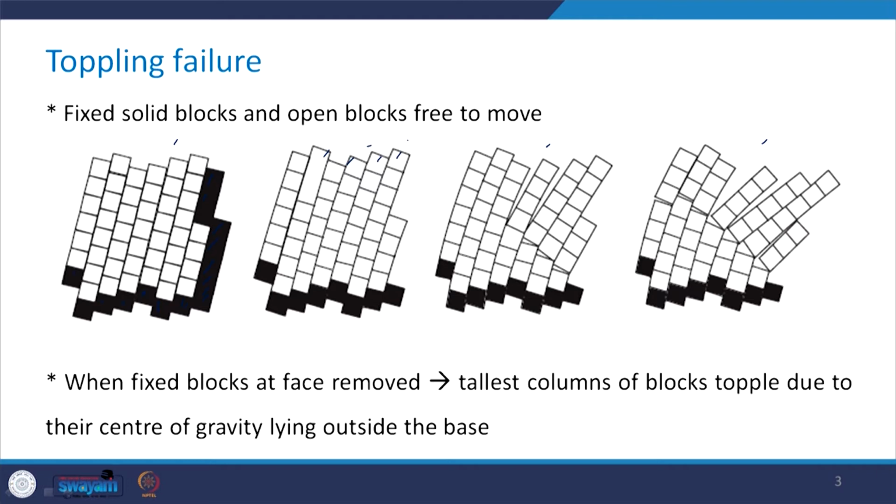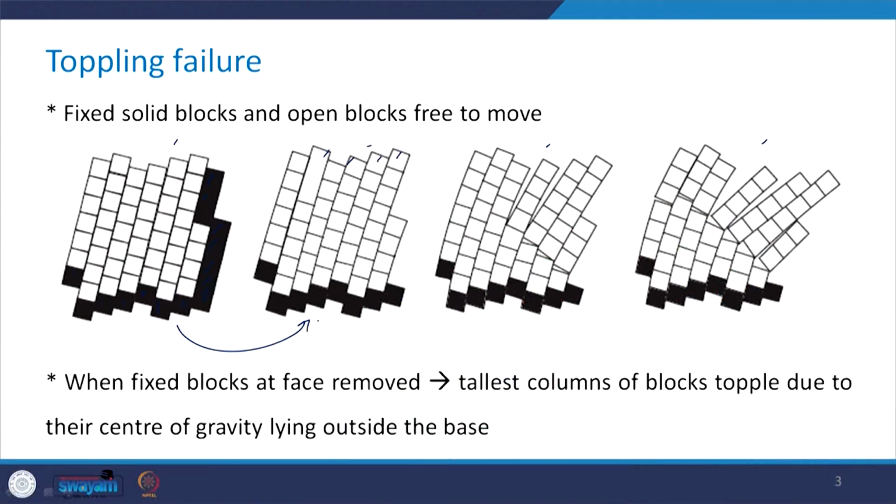Now, let us say these fixed blocks at the face are removed. Come from the first figure to the second figure and you will realize that this portion and this portion has been removed.